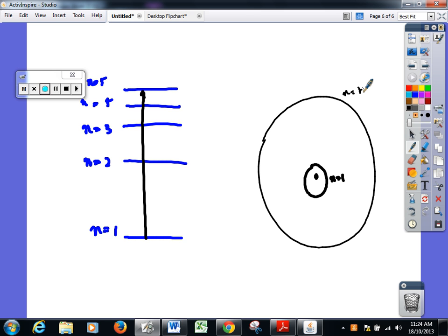So you've jumped a way away from the nucleus. How many different photons can you emit? Now, to get there, you've absorbed how many photons? 1. How many different photons can you emit to get back home? For those people who are in year 11, you can do this by counting permutations.